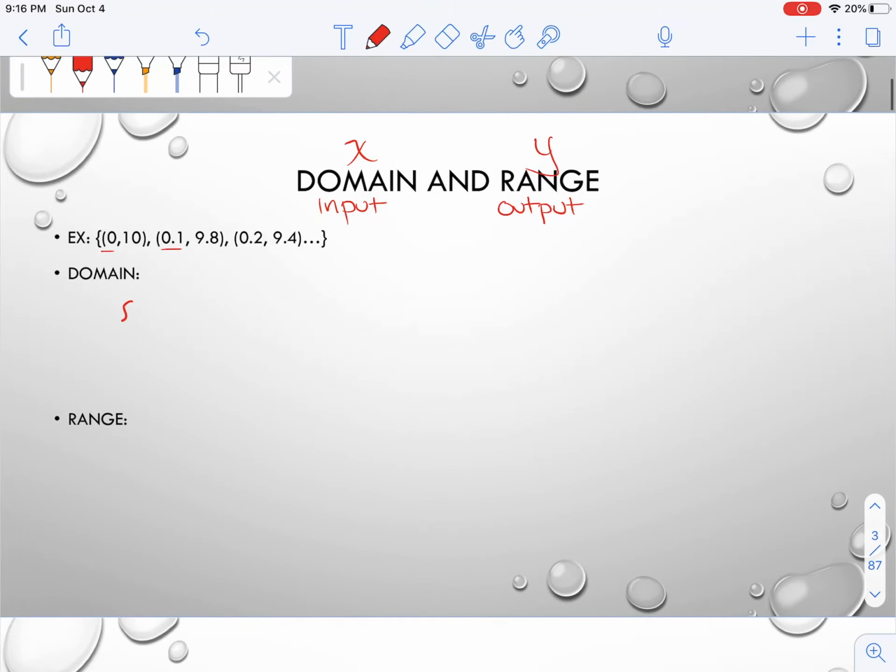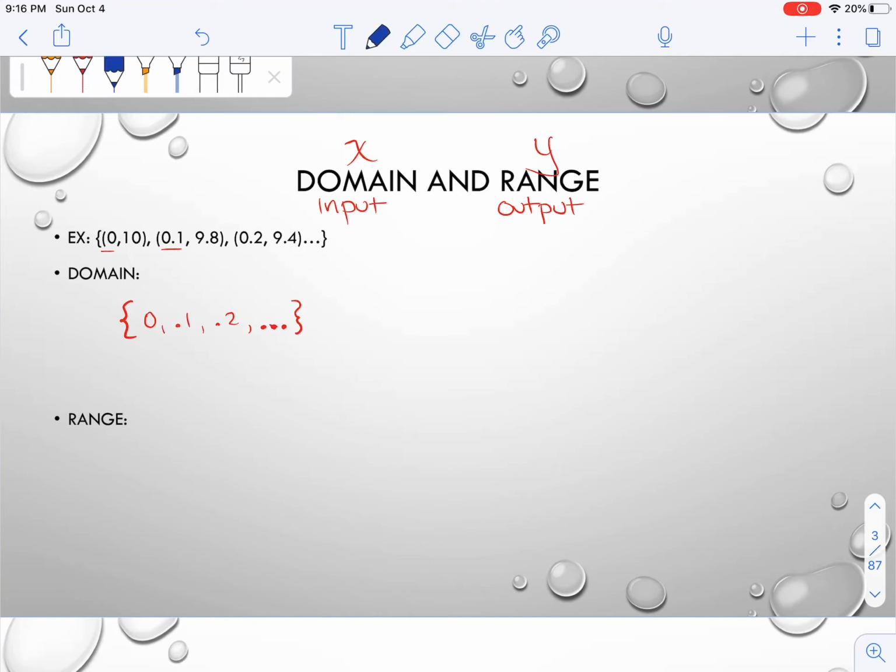So my domain here, really, I can only list the values that are written. I can't assume that the values in between 0 and 0.1 are included. And again, the three dots signify that this does continue on.